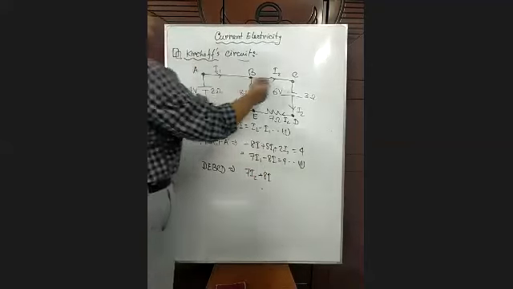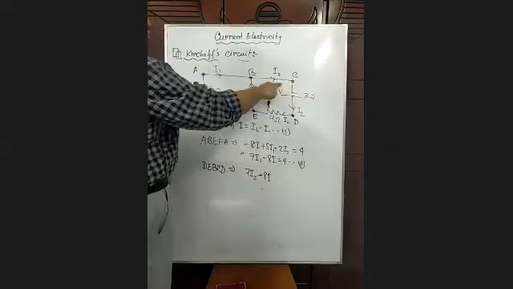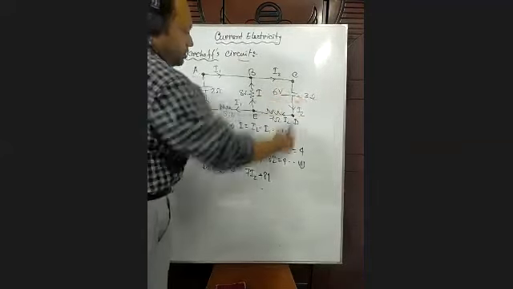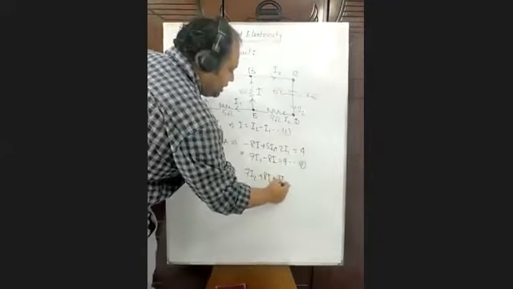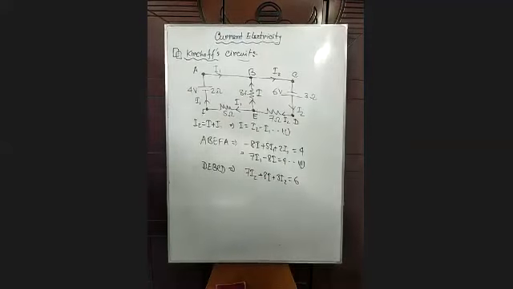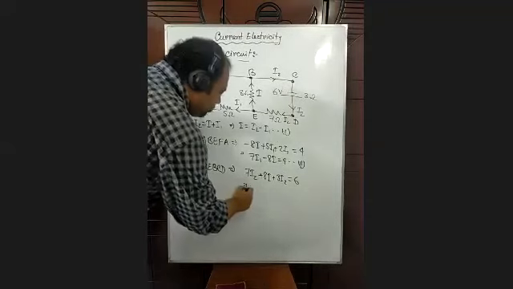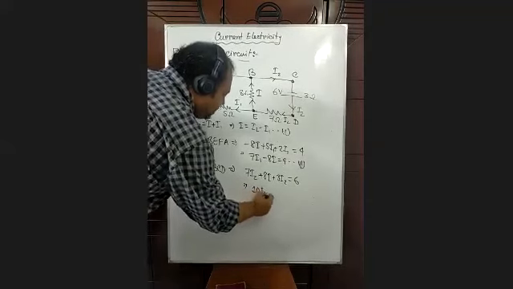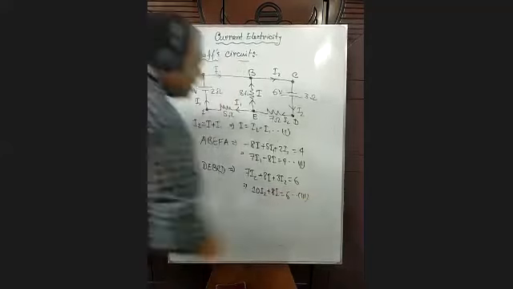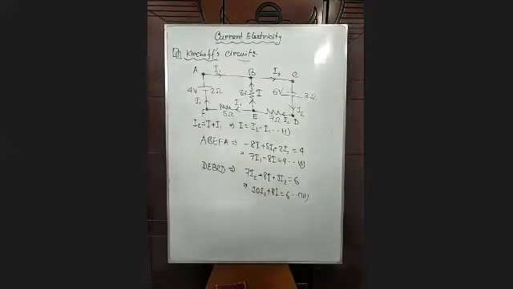You are also going along BC, but there is no resistance, so ignore that path. And on the last path, I2 flows through 3I2, and the voltage is 6. So the third equation is 10I2 plus 8I is equal to 6. This is equation 3. Now you can solve the rest and tell me the answer.